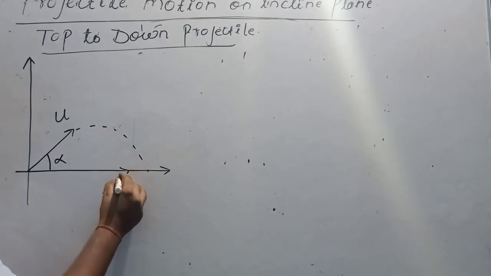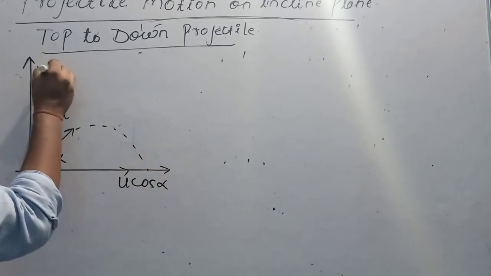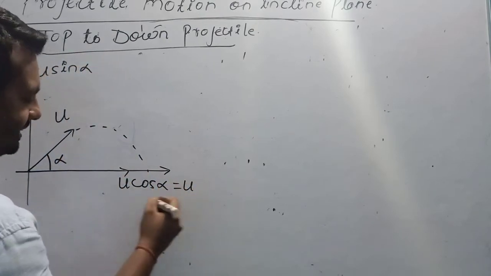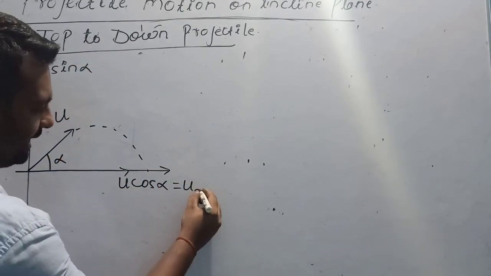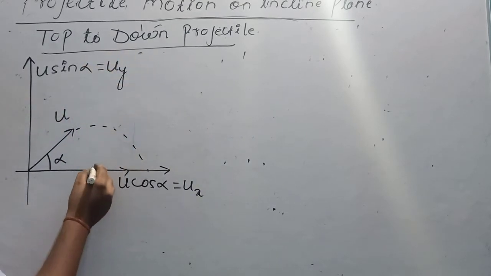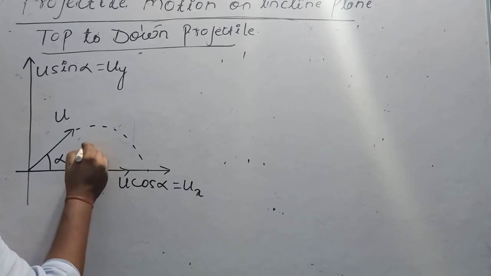In this direction the components are u cos alpha, u sin alpha. This is x component of initial velocity, y component of initial velocity. Now g is in the same direction.